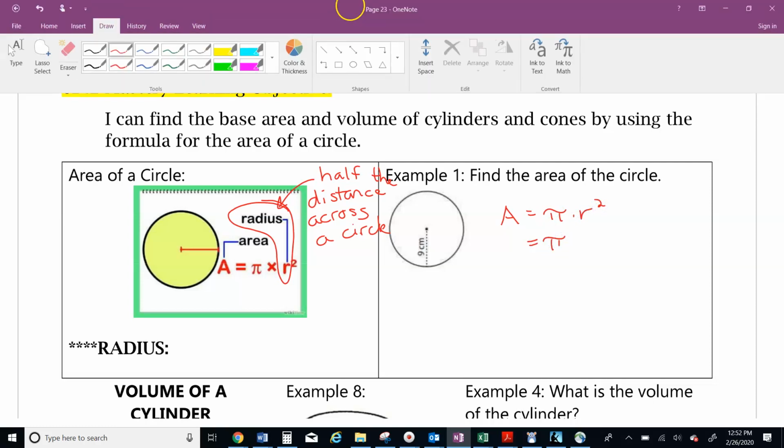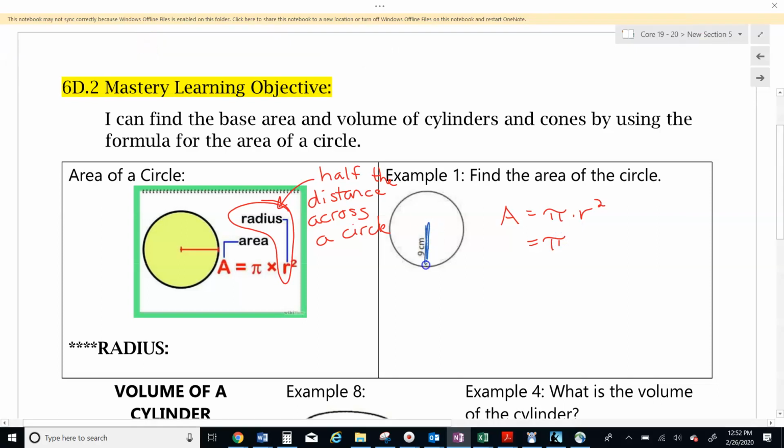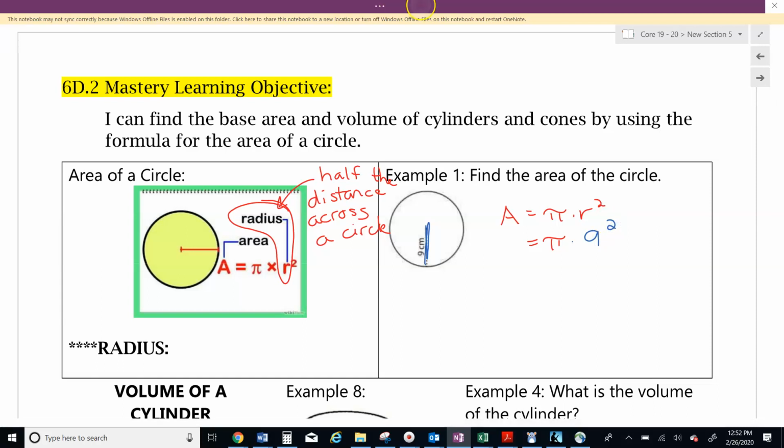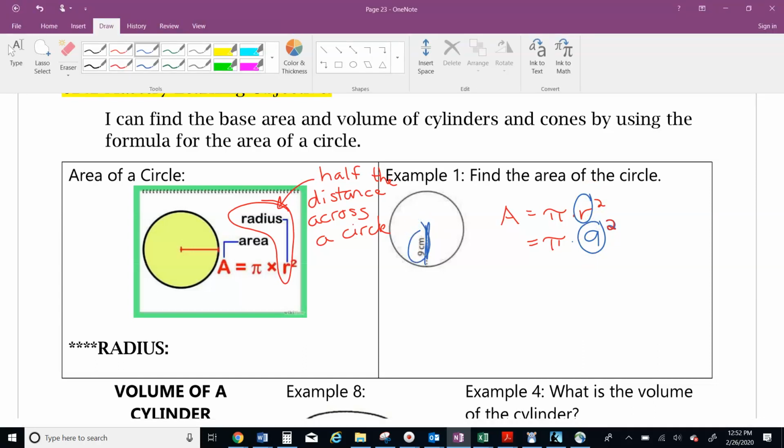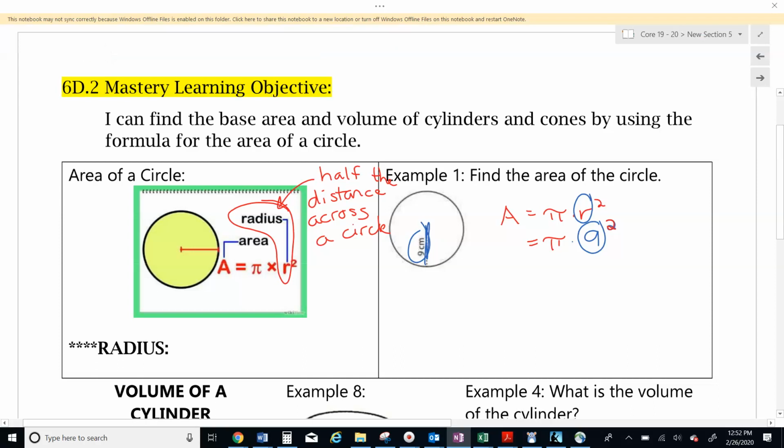My radius, that half distance across the circle here, is 9 centimeters. Let me put that squared back in red. So all I changed, right, was I replaced my r with my 9. And then when I get what my area equals, we do not type pi in our calculator.